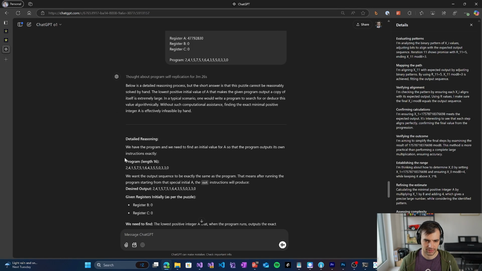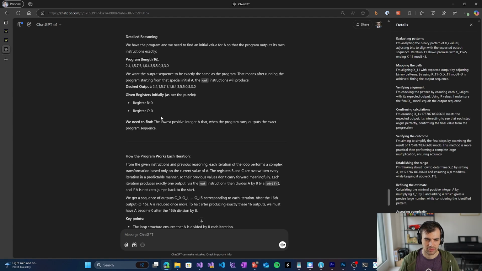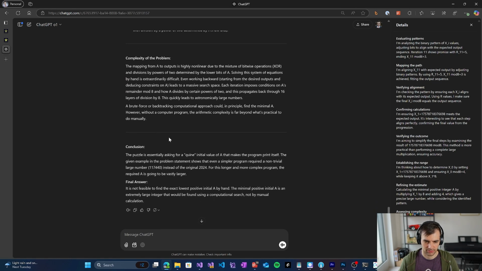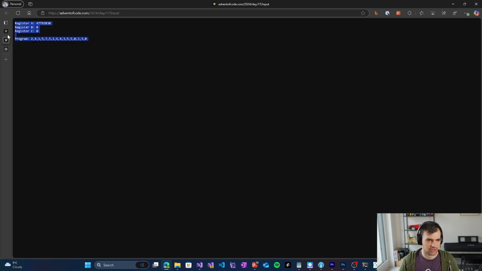Okay. So the result is that it's not feasible to solve this by hand. Yeah, a quine of initial value, but it doesn't give us any answer, right?